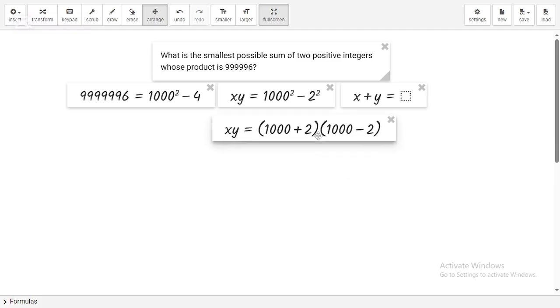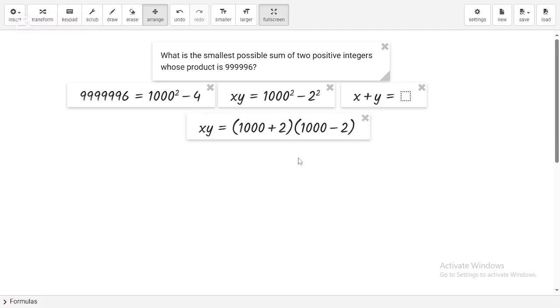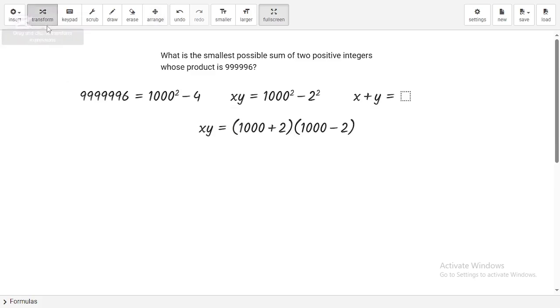Whenever you have difference of squares, just write the two numbers in two separate brackets and change the signs in them. One should be plus and the other one should be minus. So we could say x is 1000 plus 2 and y is 1000 minus 2, and it could be the other way around.